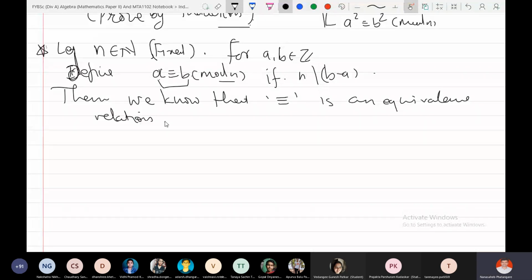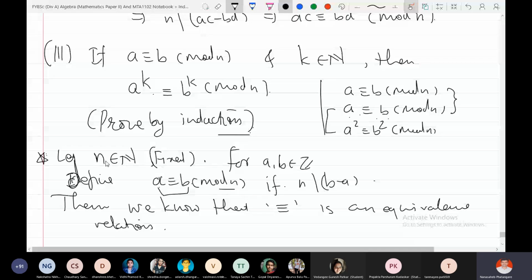Do you agree with this? Yes, sir, because we have discussed this. We worked out the calculations for particular n equal to 5, but you can work out the same calculations for any particular n. So work out the calculations.